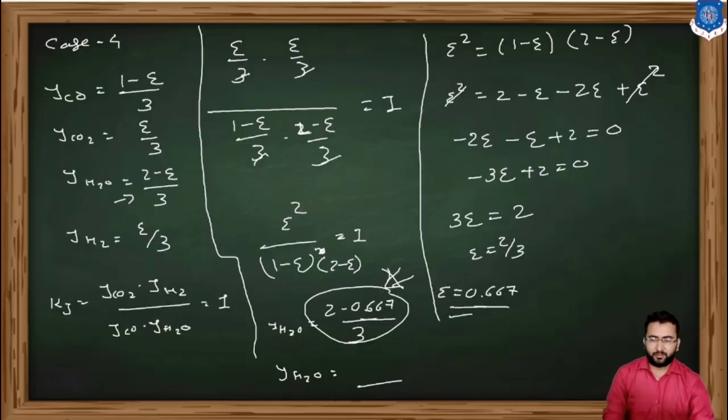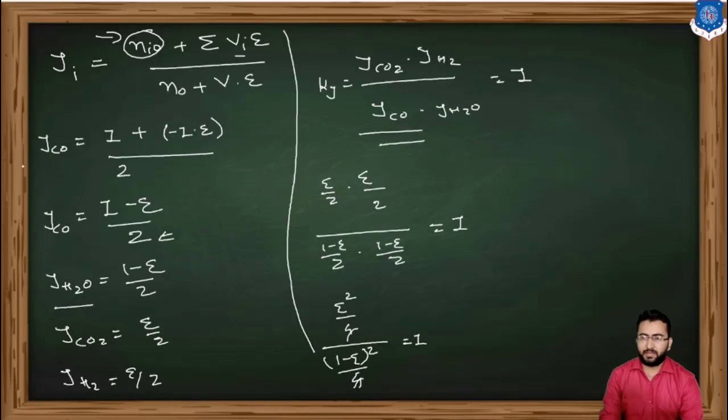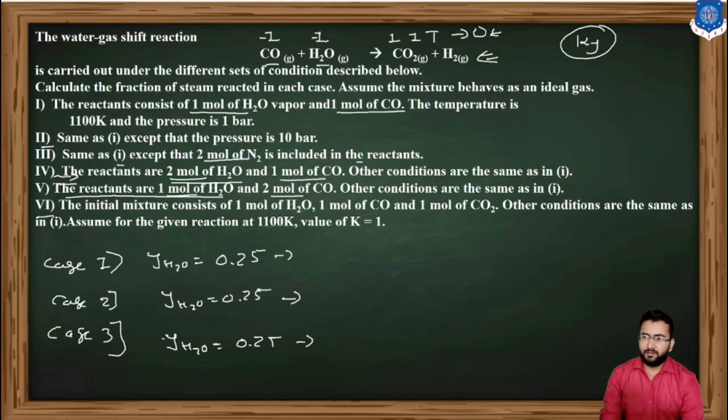Now let's discuss case 6. In this case, the initial mixture consists of 1 mole of H2O, 1 mole of CO and 1 mole of CO2. So we have to again find the value of epsilon.